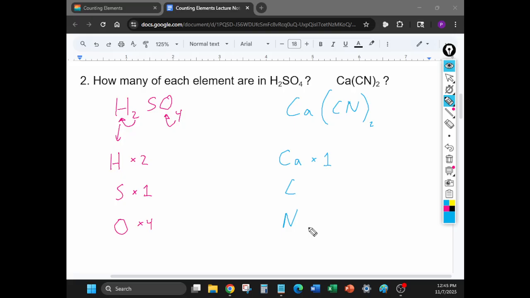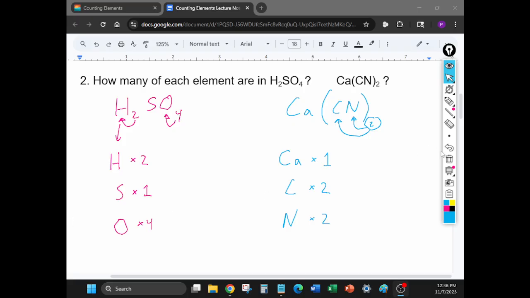Now, parentheses is pretty easy. Basically, the number on the outside, it's like math. You're just distributing it to the elements on the inside. So if you look on the inside, there's a carbon with no number. That's 1 carbon. And then times 2. So there are 2 carbons. Same thing with the nitrogen. There is 1 nitrogen times 2. So there will be 2 nitrogens. So that's how you can count up the elements.